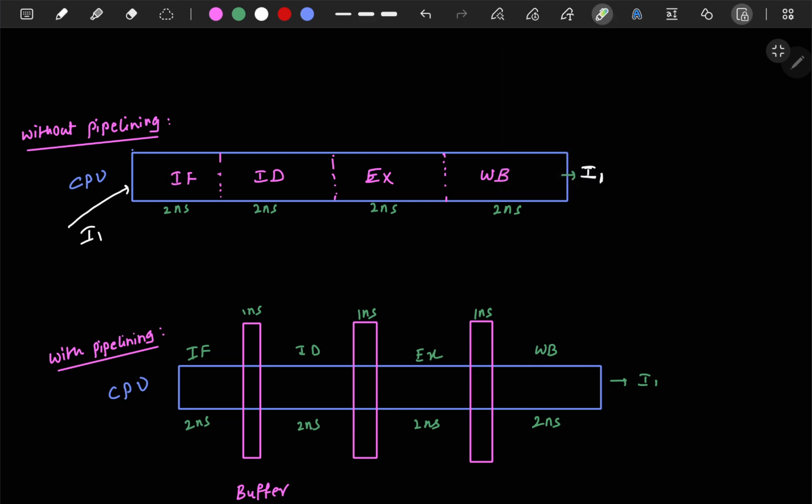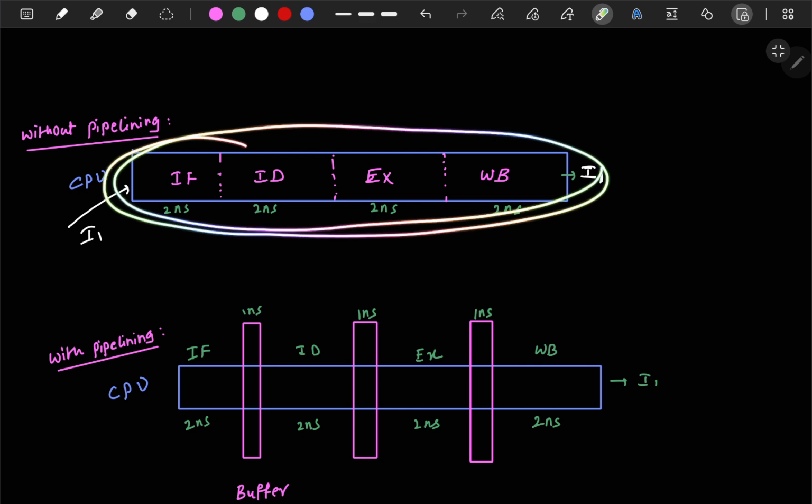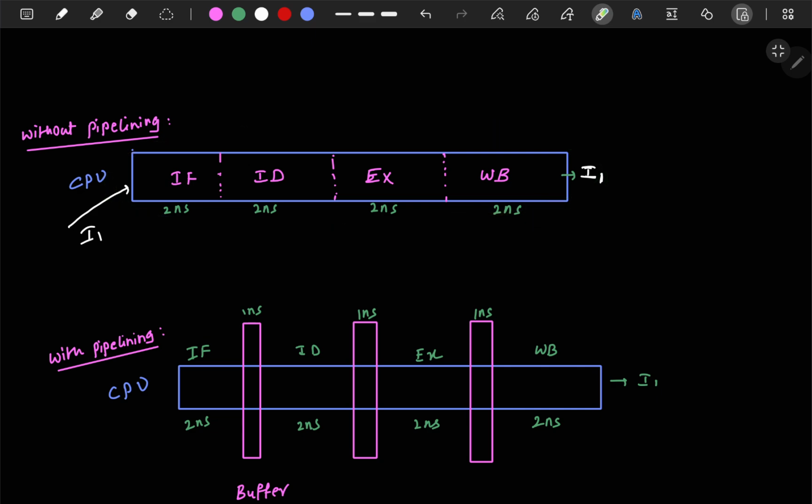See, what happens is, our CPU is completely one single combinational circuit when we don't have a pipeline. What is a combinational circuit? We have seen it in digital logic.